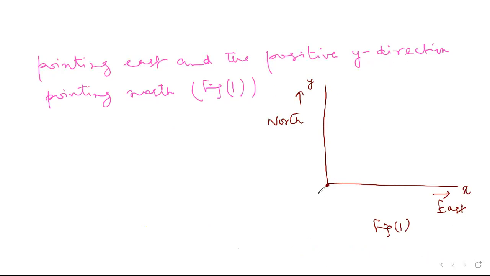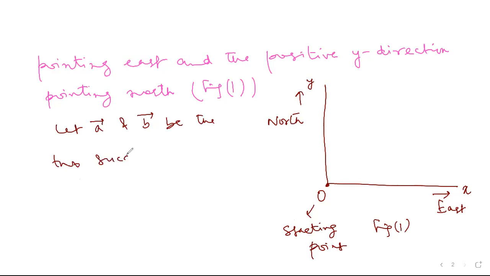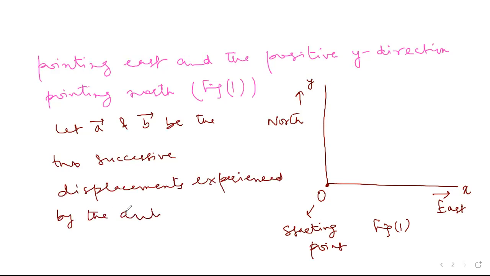and let O be the starting point, right? So let A and B be the two successive displacements experienced by the automobile.